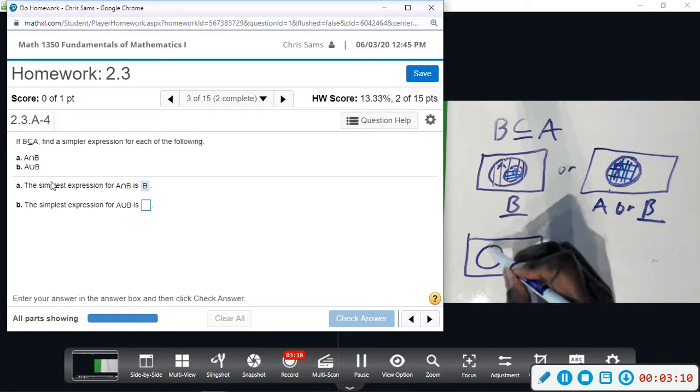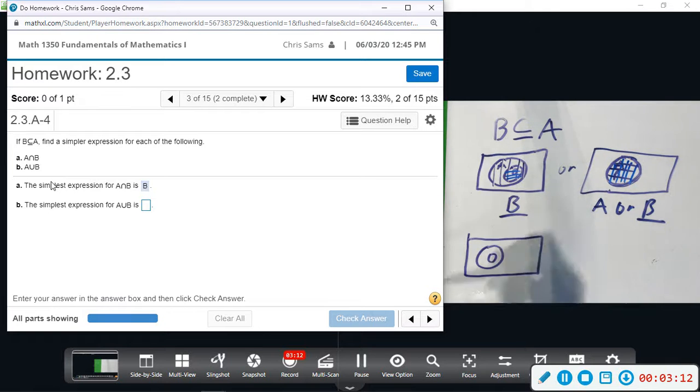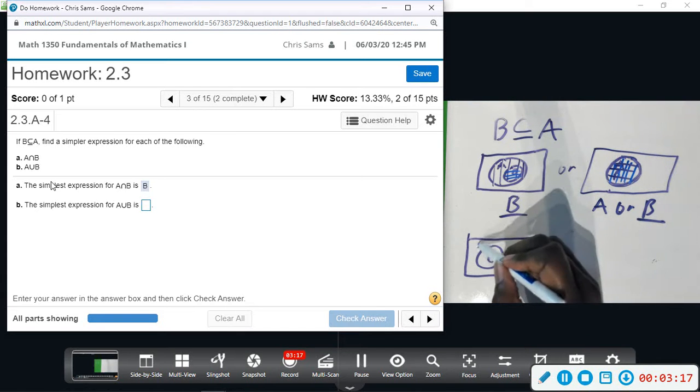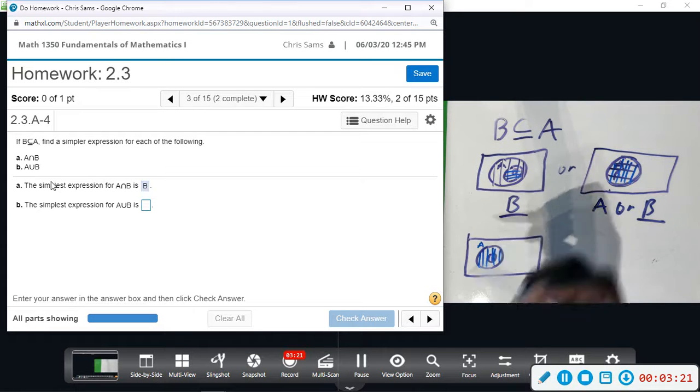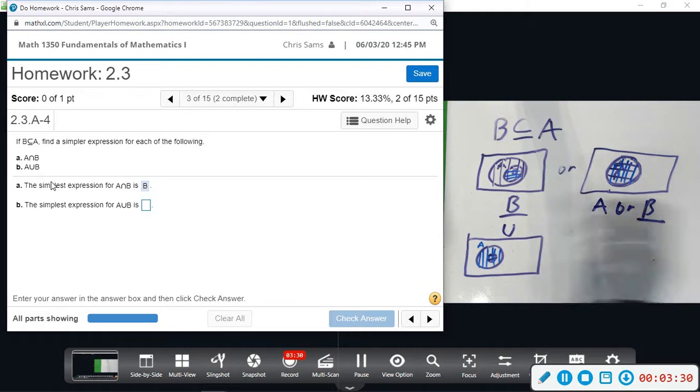Here's A, here's B. I would shade A. I'm saying the big circle is A, the little circle is B. I would shade A, and I would shade B. And basically, when I do union, I want everything, all of it, both together. So all together is just A.